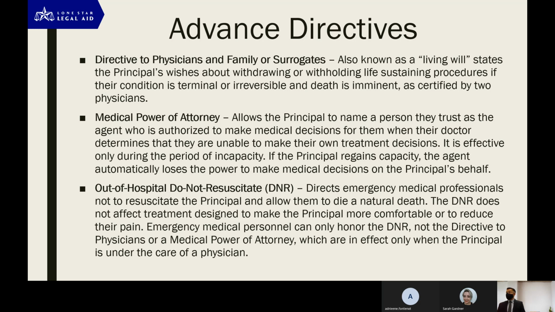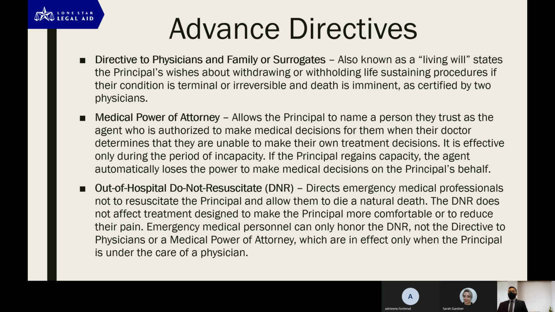Do you want to be kept alive and on life-sustaining equipment if 2 physicians do say that your condition is terminal or irreversible and that death is imminent? Or do you want them to go ahead and pull the plug, so to speak, and make that decision to terminate your life? It's a really tough decision.